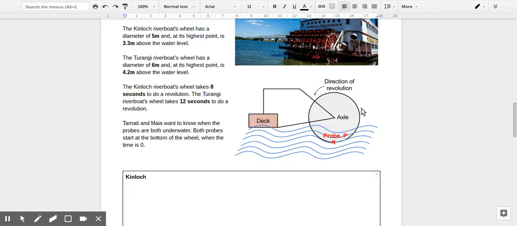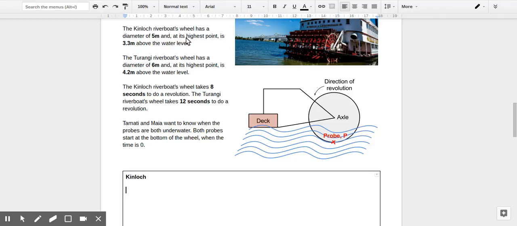The wheel of the riverboat has a diameter of 5 meters. Diameter is not the radius, not halfway, but the whole way across the circle, from the bottom all the way to the top, it's 5 meters.